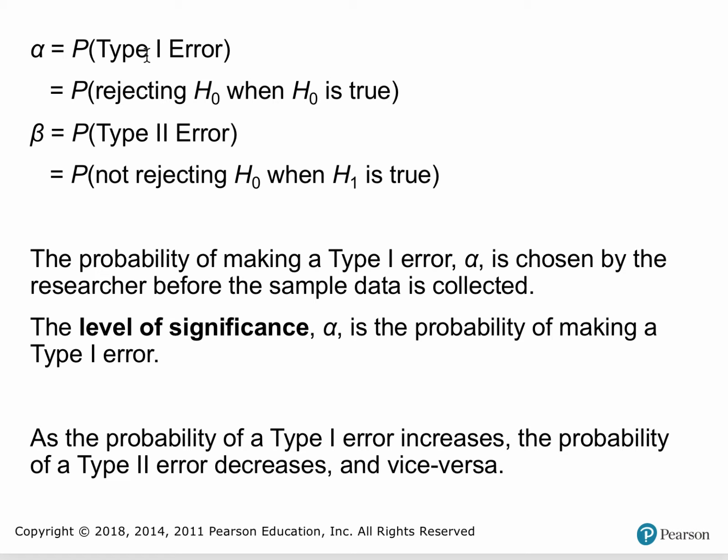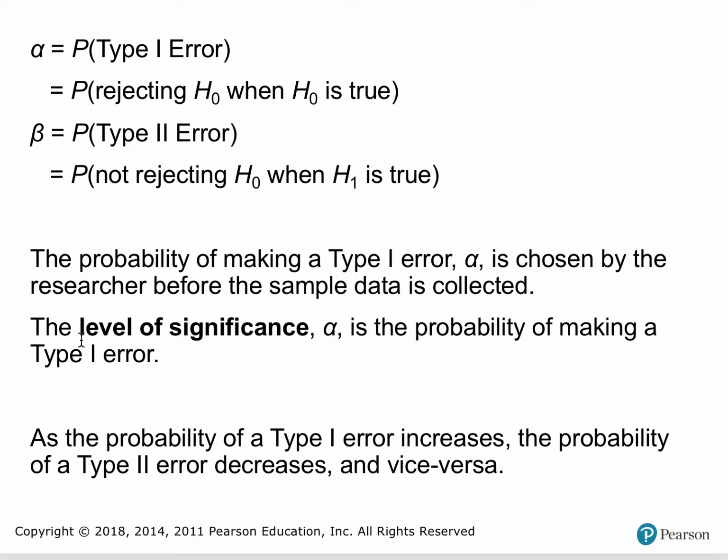Remember what a type 1 error means. We rejected the null hypothesis when it's really true, when we should not have. A type 2 error means we did not reject the null hypothesis and we should have, because the alternative is actually true.